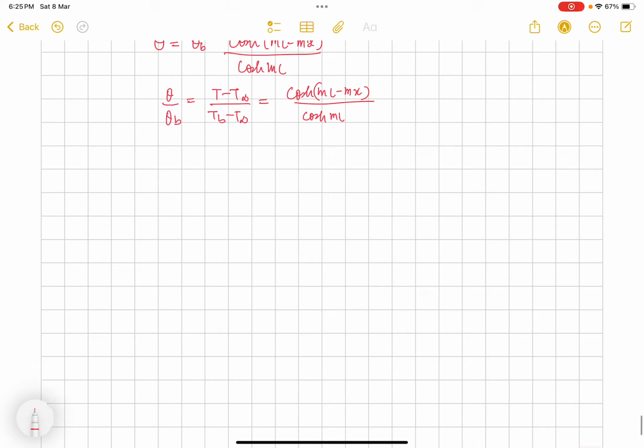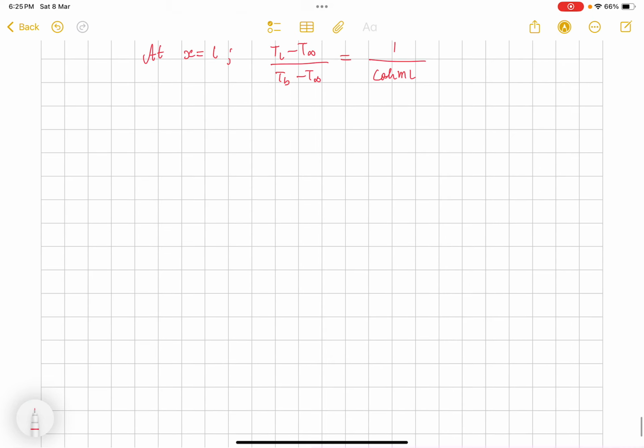If we want to find the temperature at the tip, at any x we can find the temperature from this equation. At x equal to L, T at L minus T infinity divided by Tb minus T infinity equals 1 by cos hyperbolic ml. Right.